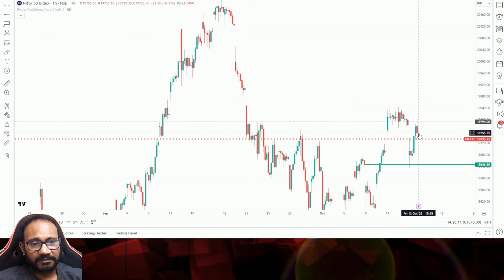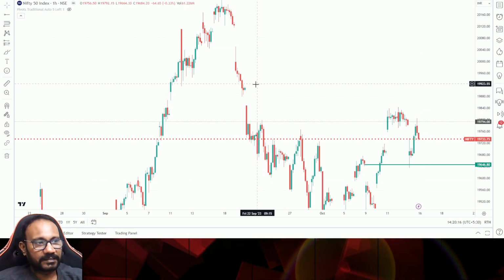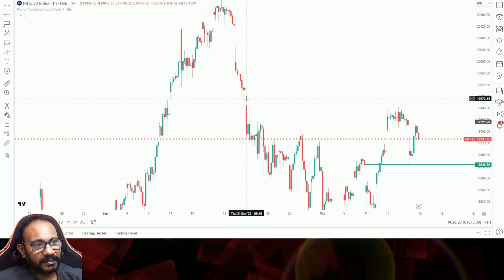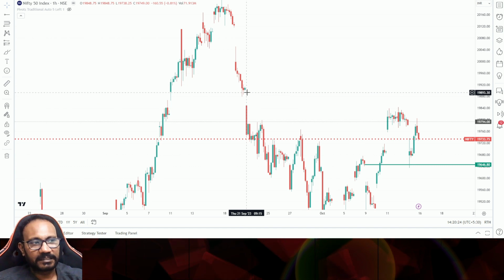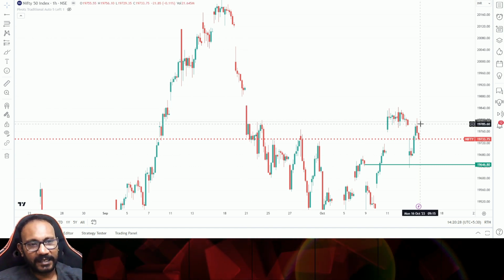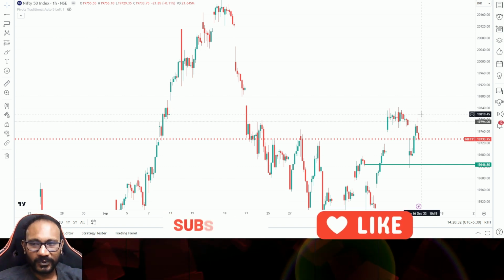Now we have a gap over here, right? So very likely if the market tries to go up, it will try to fill this for sure. If the market is showing some signs of reversal, we know that it is likely to fill this gap, right? Very likely to fill this gap. And maybe if you're on the call side, you wanted to exit somewhere here itself, you can continue to wait. How do you use it in your trade setup?